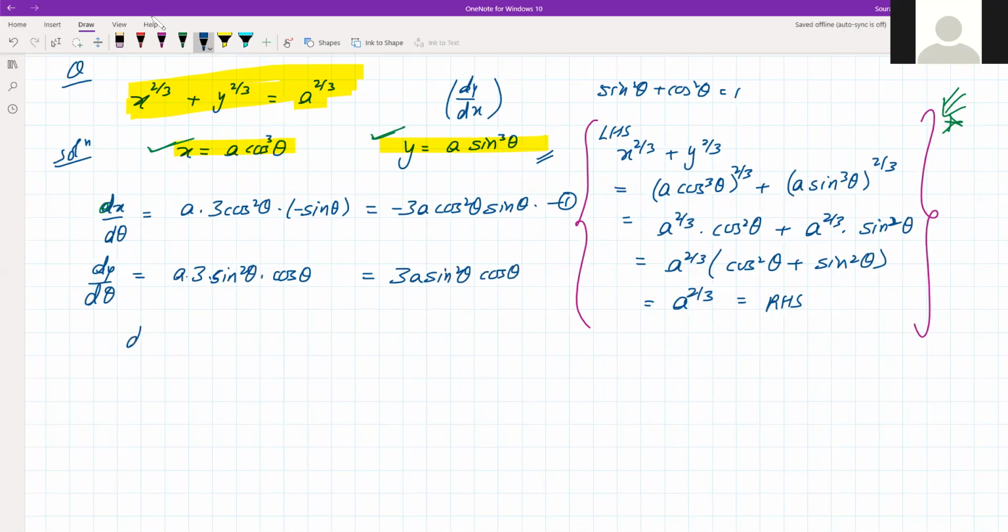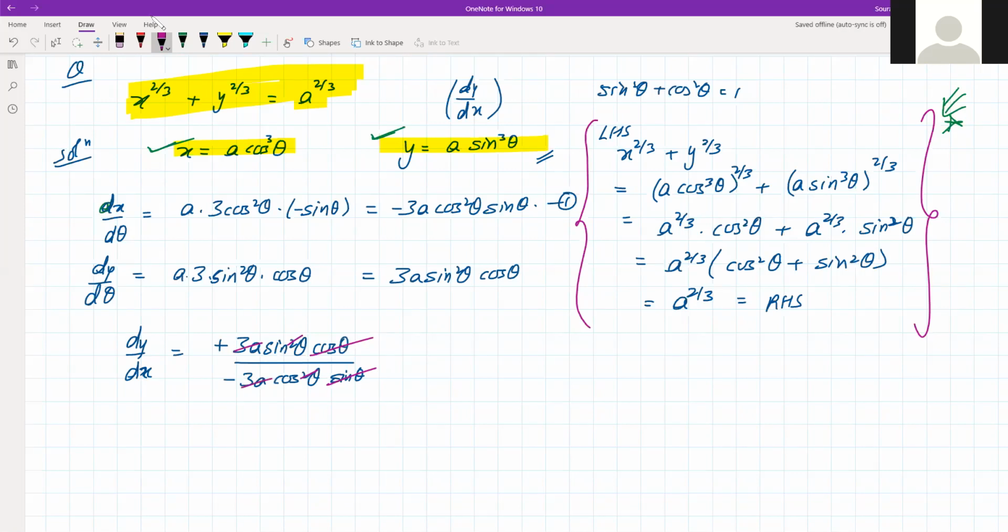Now we have to find dy by dx. From here itself I'll be able to solve that. This will be equal to 3a sine square theta cos theta divided by minus 3a cos square theta sine theta. This sine theta cancels one of the sine theta, and 3a cancels.